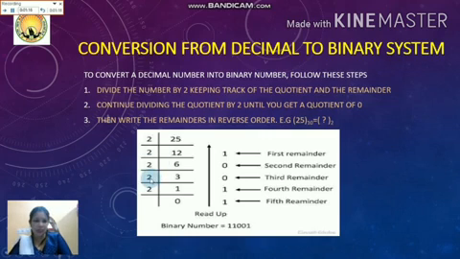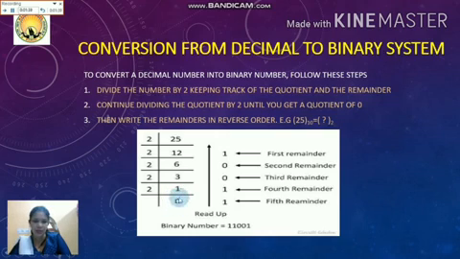Next, divide 6 by 2, the quotient is 3 and the remainder is 0. Again divide 3 by 2, the quotient is 1, remainder is 1. Now divide 1 by 2, 2 zeros are 0, and the remainder will remain 1. We continue this process until we get the quotient as 0.